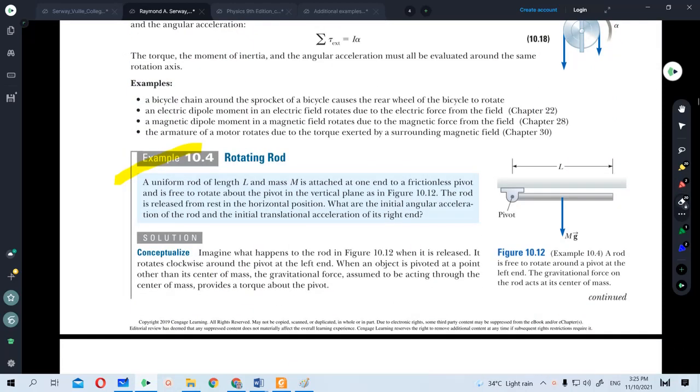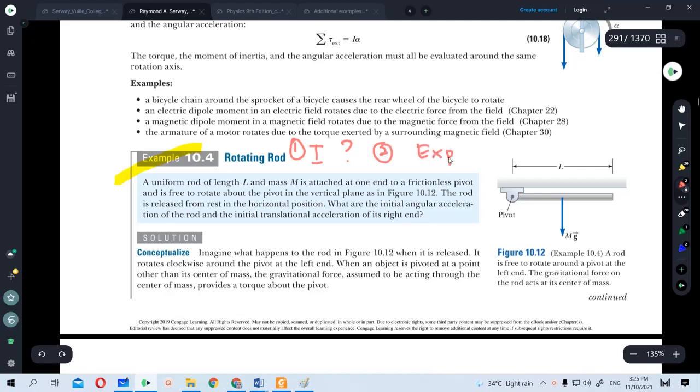Now let us look at example 10.4. The aim of example 10.4 is to decide which expression of moment of inertia to choose. That's number one. And number two is to relate it with the expression. Okay, now by looking at this figure, this is where the pivot is, the axis of rotation.